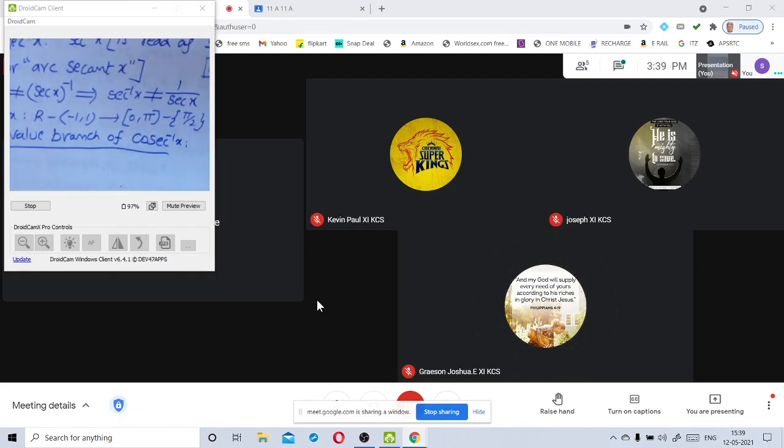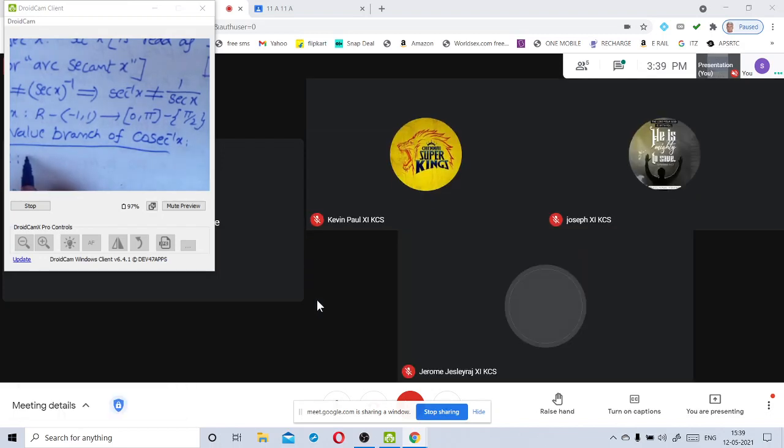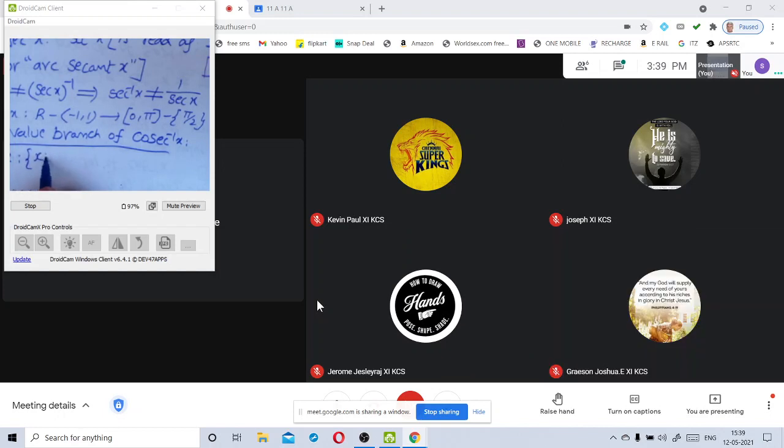First, let us recall the domain and range of cosecant x. It is defined for the set of all x such that x belongs to R and x is not equal to n pi.